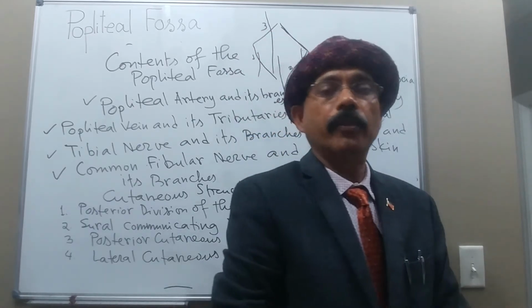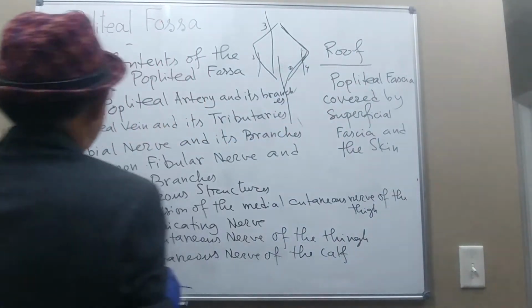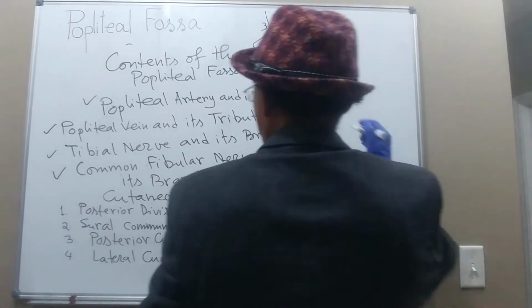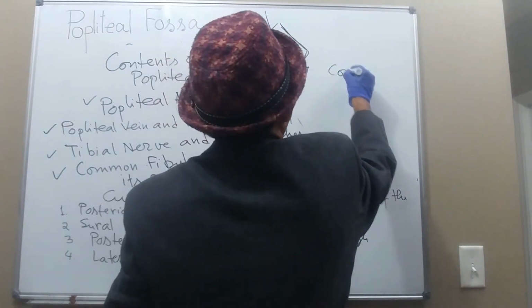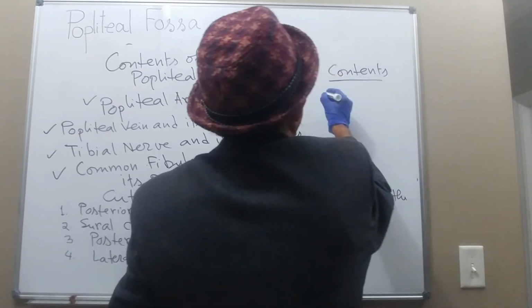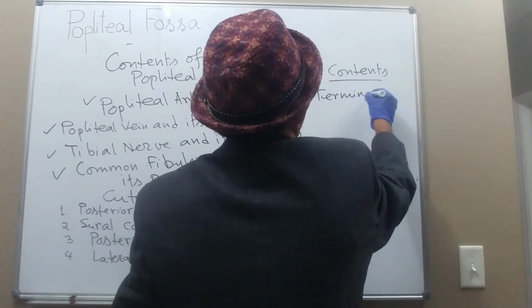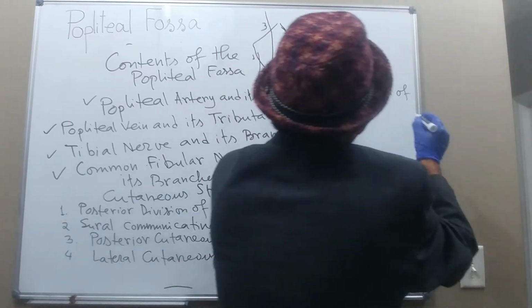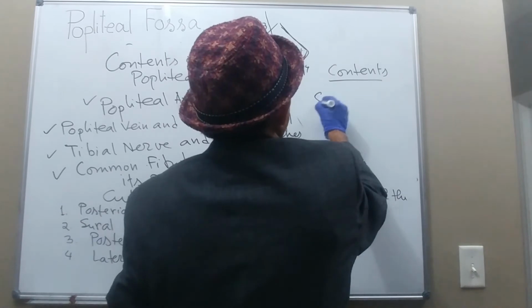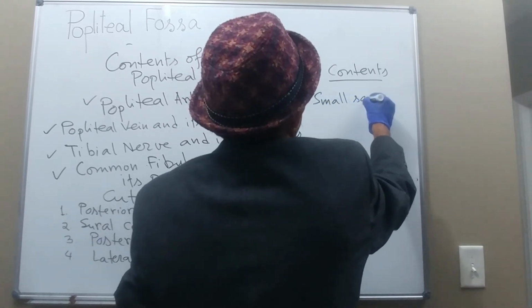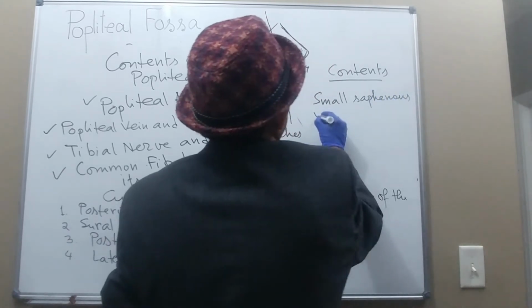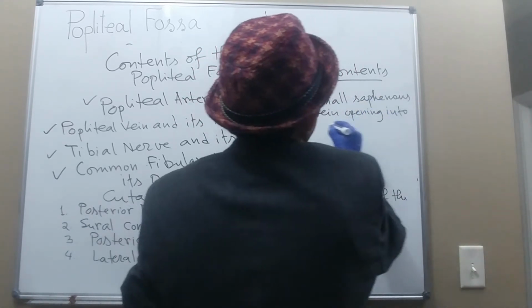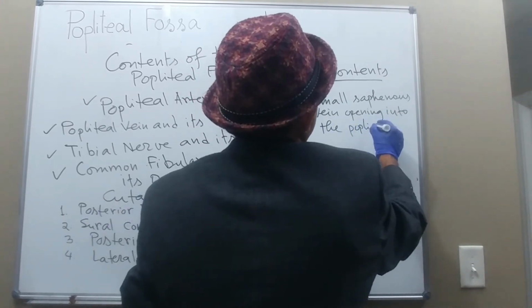We also add as our content the sural nerve and the termination of the small saphenous vein. Additional contents we may add as terminations: the small saphenous vein opening into the popliteal vein, that is a content.